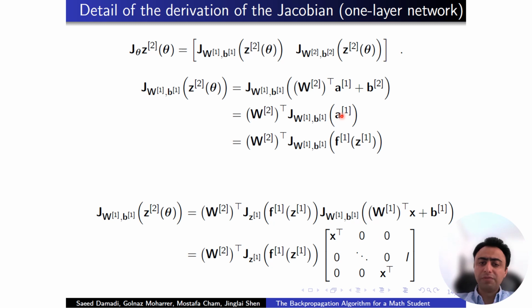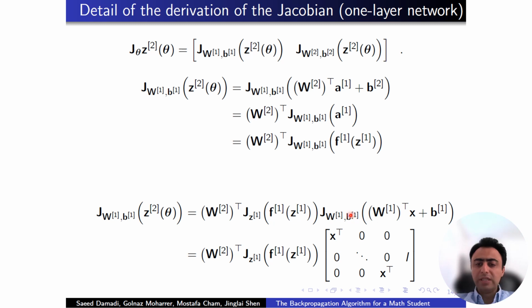The activation function of the first layer is the activation function applied on every output of the first layer, so we want to calculate this Jacobian. In order to calculate this Jacobian, we can again use the chain rule and first calculate the Jacobian with respect to Z1, and then find the Jacobian of Z1 with respect to W1 and B1.